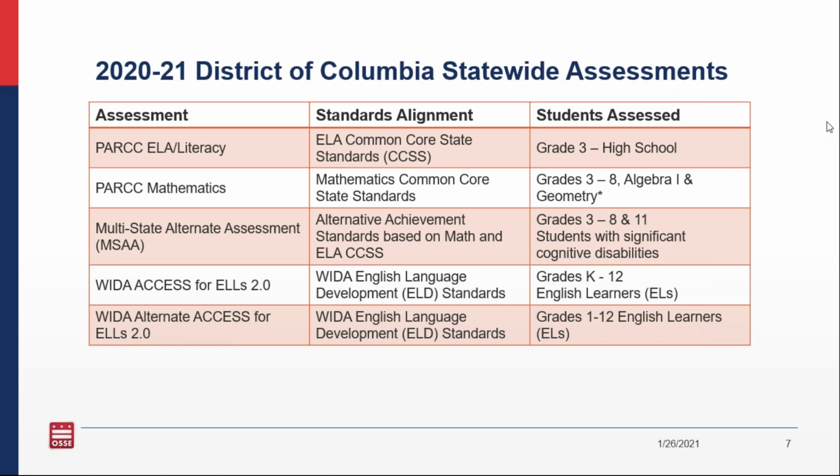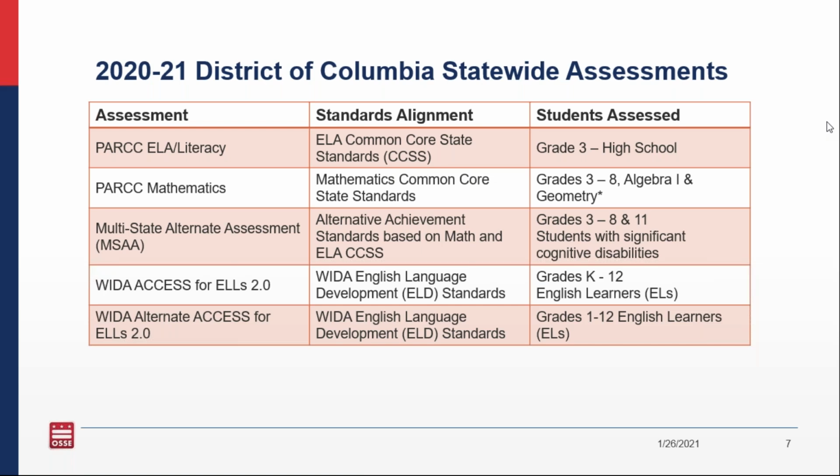All right, so our testing format and testing windows for school year 2021. We have our Access for ELLs administration, which will take place February 15th through April 9th. Excuse me, that will take place in person for students reporting to school for instruction. We have our MSAA, which will take place March 15th through April 30th, also for students reporting for in-person instruction.